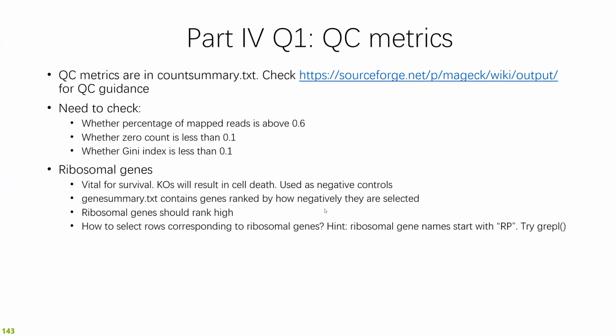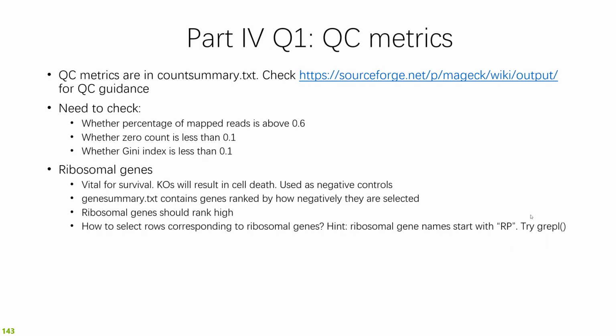And since ribosomes are vital for survival, they should be ranked high as very strongly negatively selected genes. But the question is how to select rows corresponding to ribosome genes. A hint I will provide is that ribosome genes start with RP in their names.